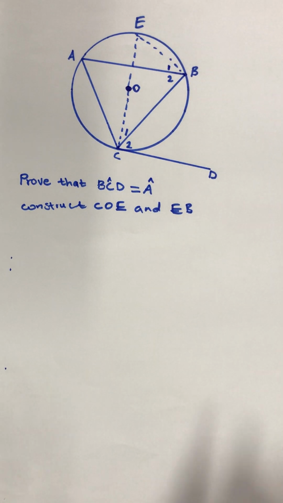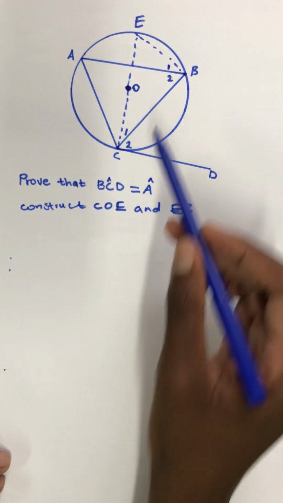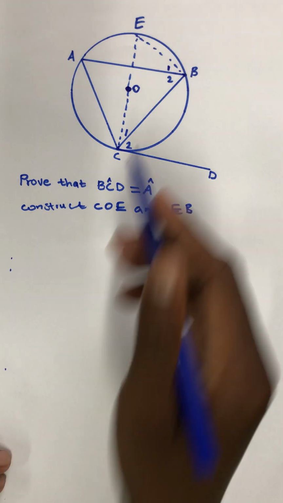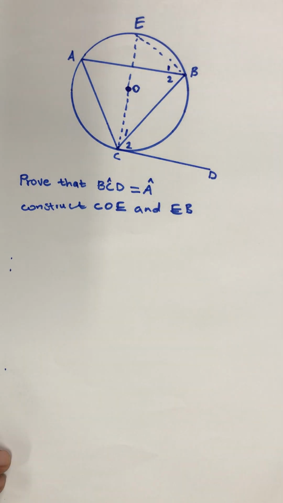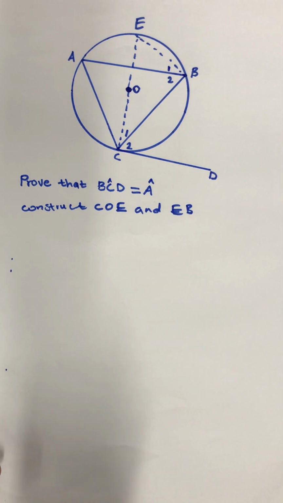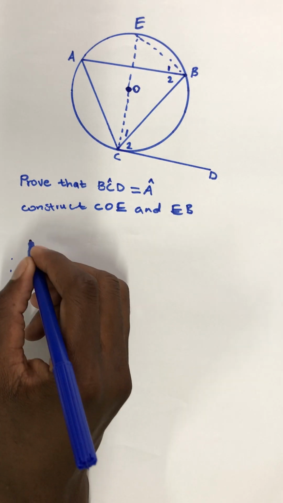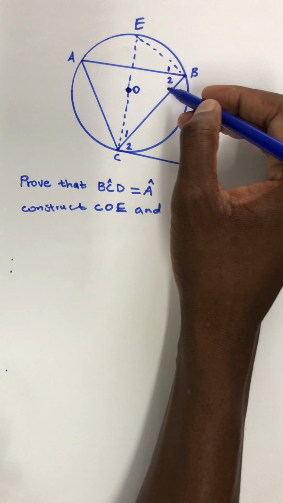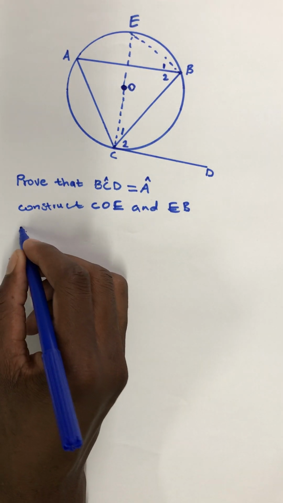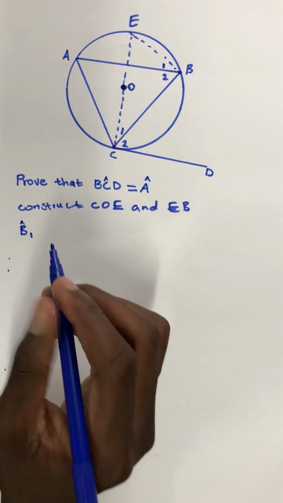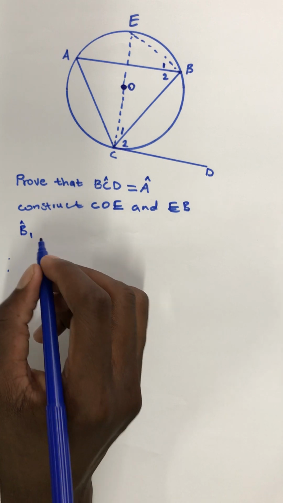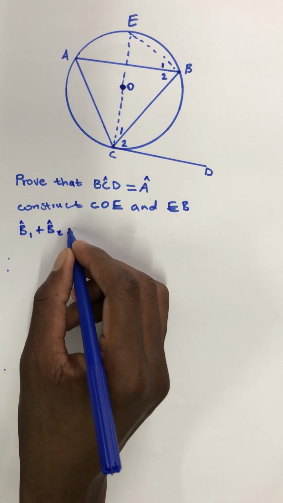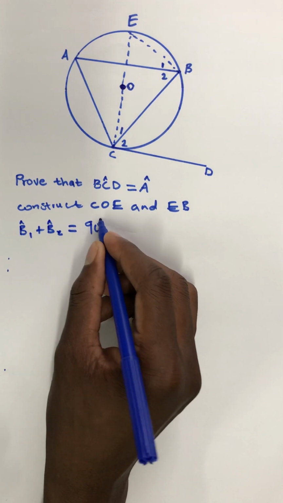Since this is a diameter and we have an angle here, this angle is 90 degrees, or the diameter subtends 90 degrees. So we say angle B1 plus angle B2 is equal to 90 degrees.